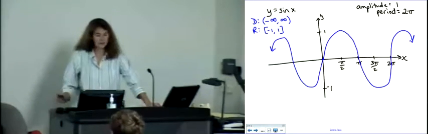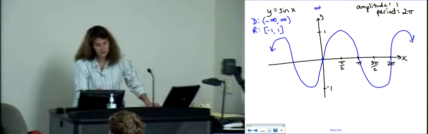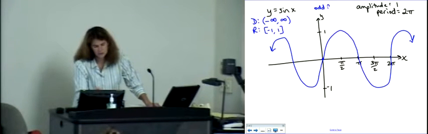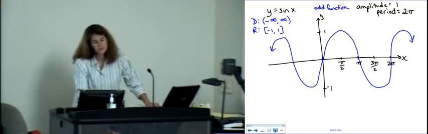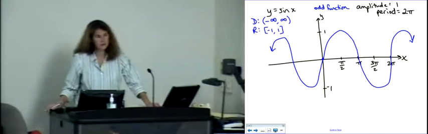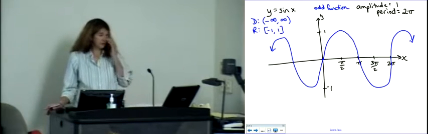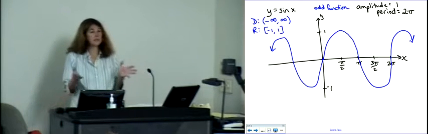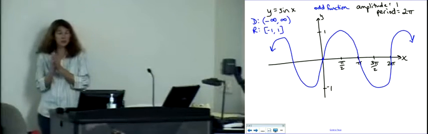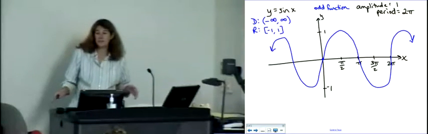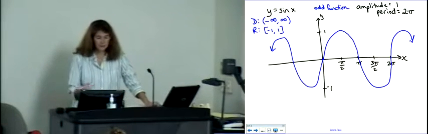It's odd. What do we know about odd functions? They are mirrored across the y-axis and the x-axis. So they're symmetric about the origin. If we think of how we would fold that, we would fold across y and across x if you're visualizing that. So it's an odd function.